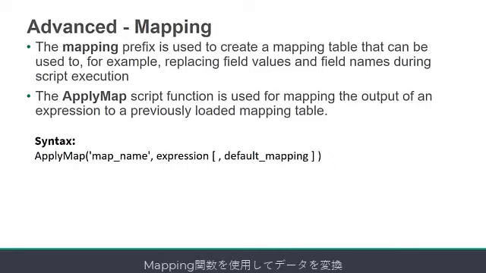I just want 1 to be displayed for numeric values. What do I need to do here? The technique we can use is the mapping functionality to convert the data to the expected results. The syntax to use is apply map, bracket, map name, expression, and default mapping.